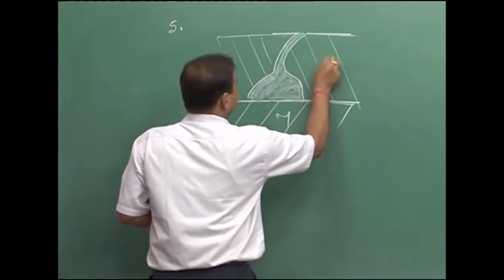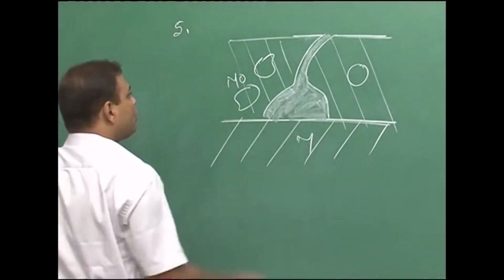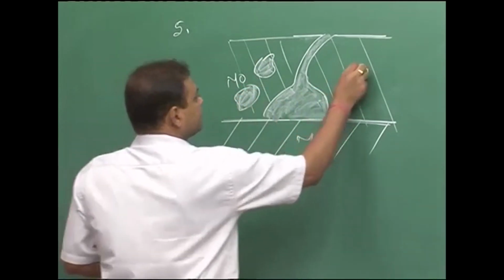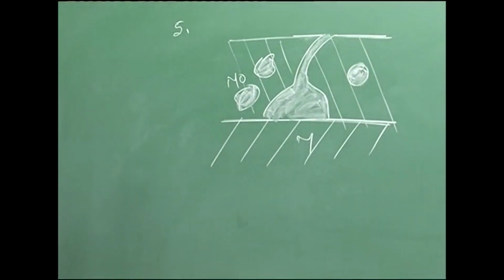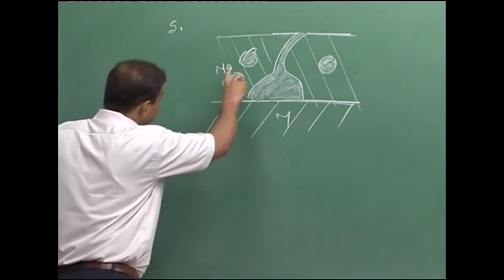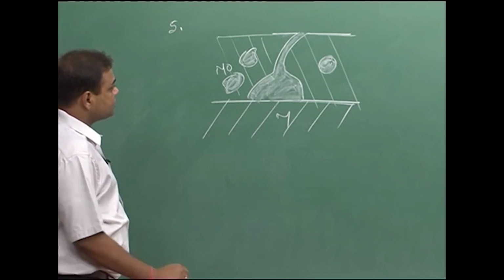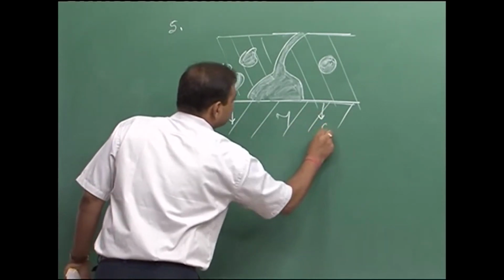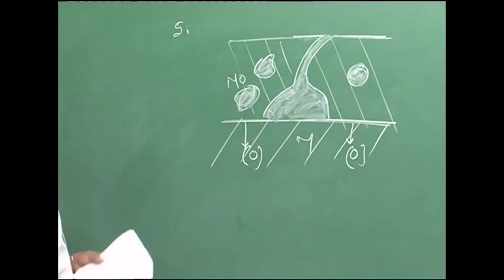Of course, there could be more pore formation. Like this the events are going on, and the thickness of the oxide layer is also increasing, and the oxygen diffusion is also taking place. So, dissolution of oxygen is also taking place.